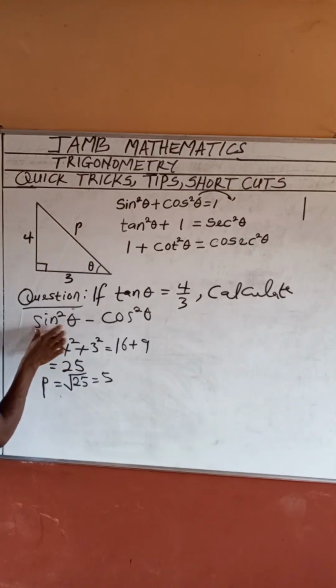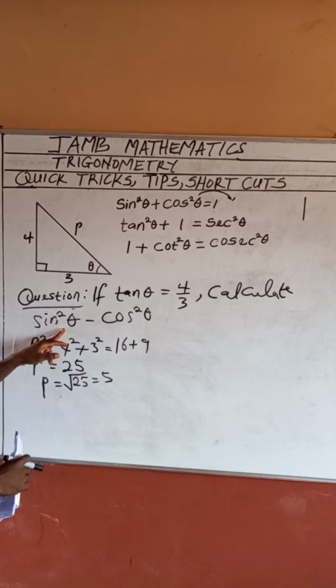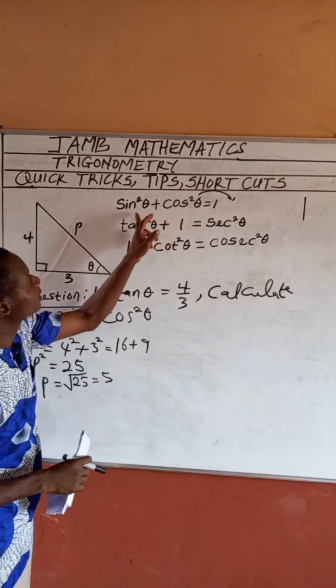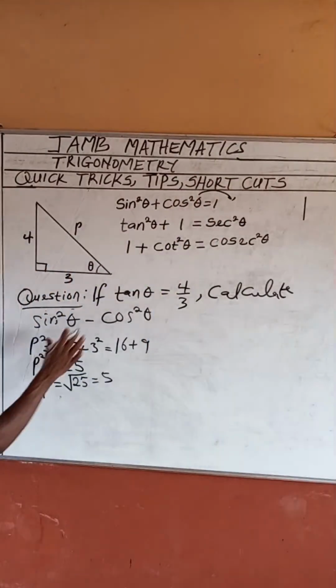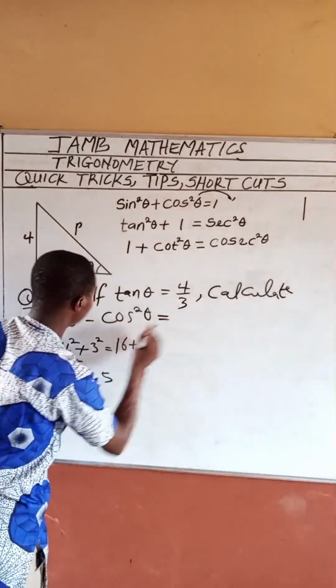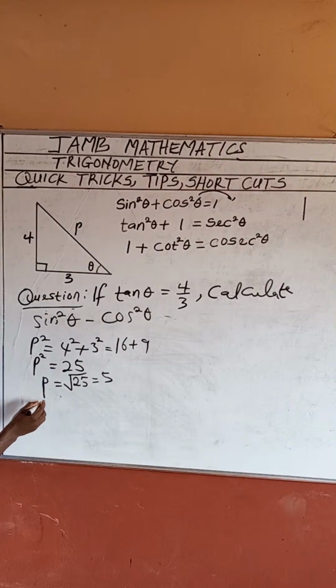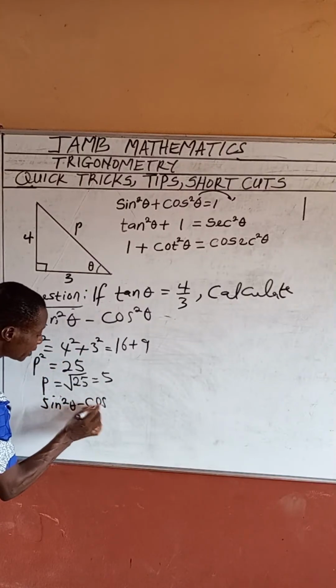Now the question is that we should find sine square minus cos square. As a JAMB smart student, you can replace sine square using 1 minus cos square. Let me rewrite it here: sine square theta minus cos square theta.